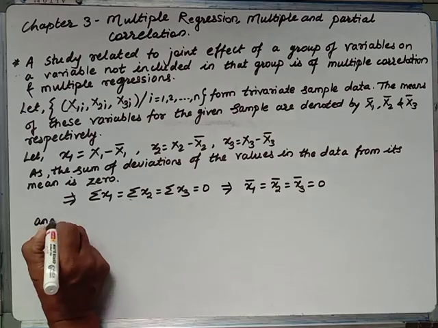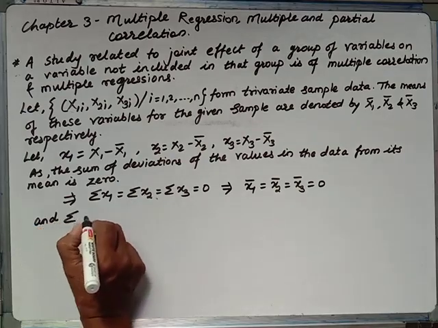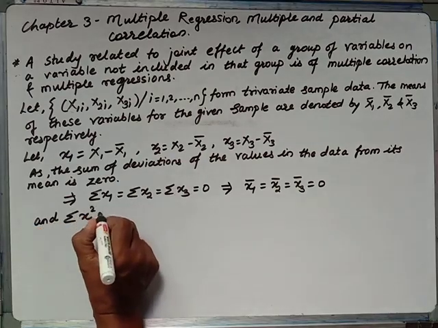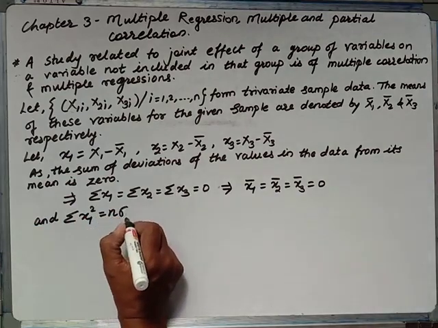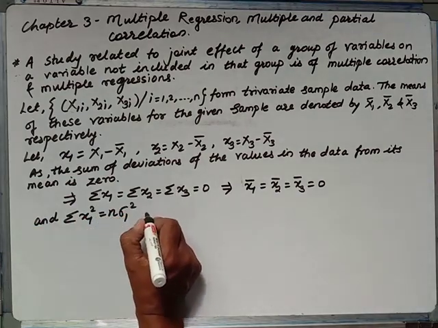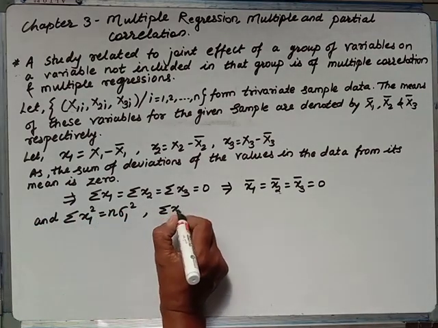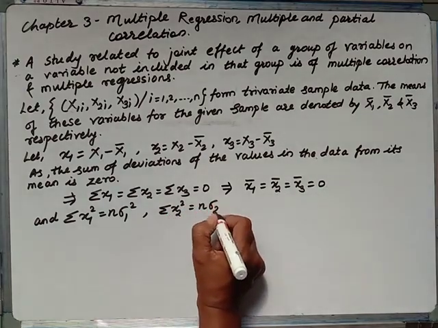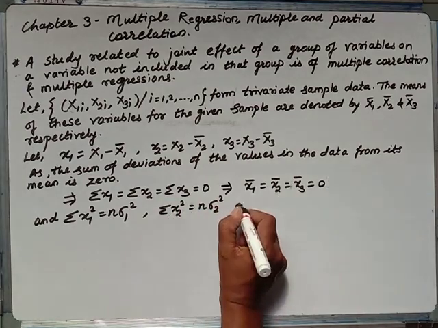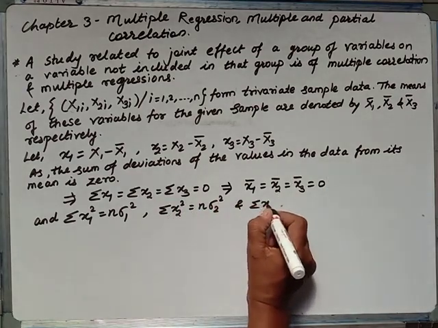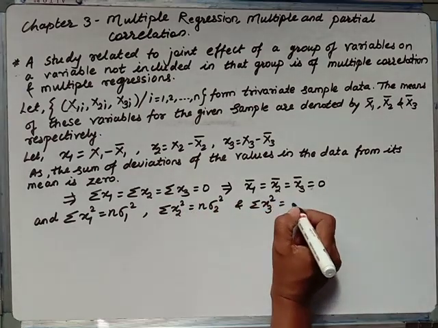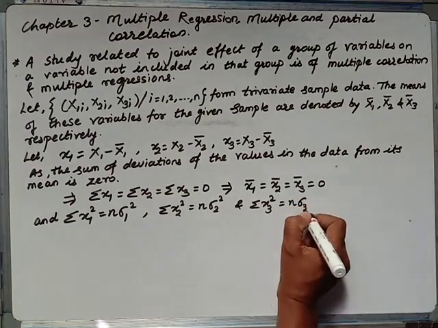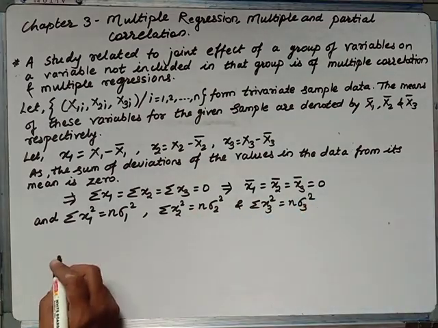And summation x1 square is n sigma 1 square, summation x2 square is n sigma 2 square, and summation x3 square will be n sigma 3 square, right?